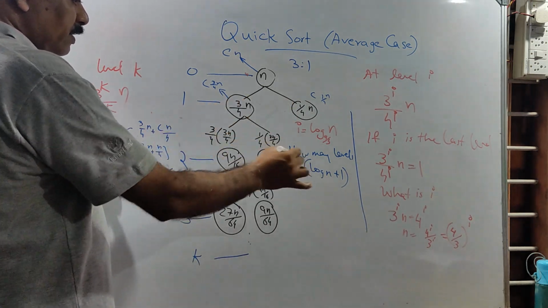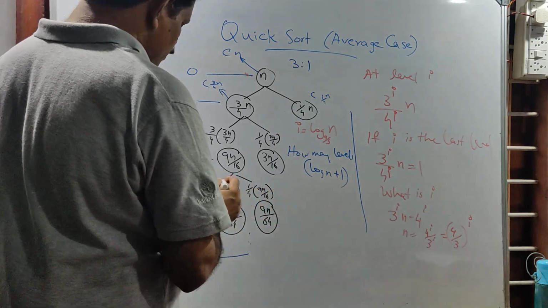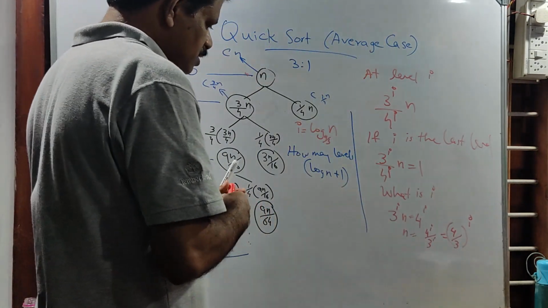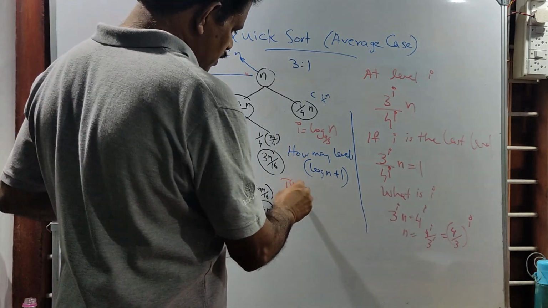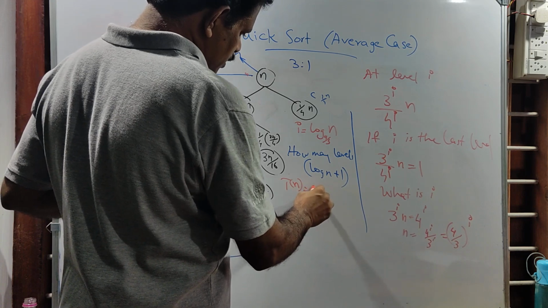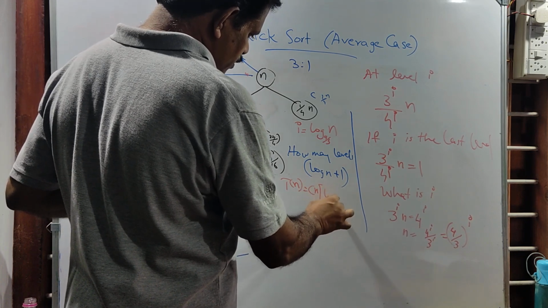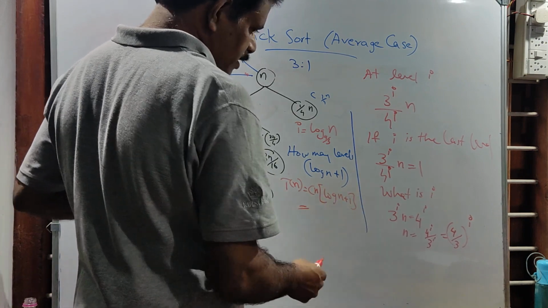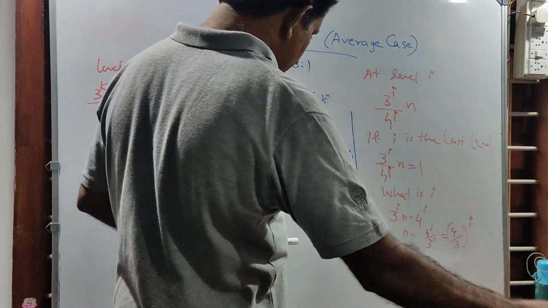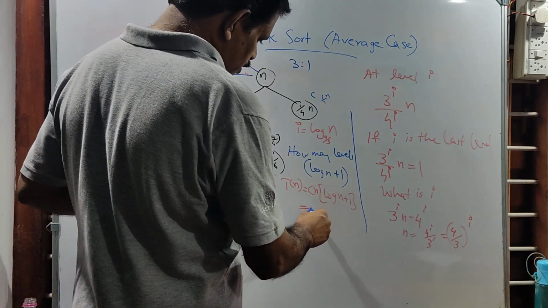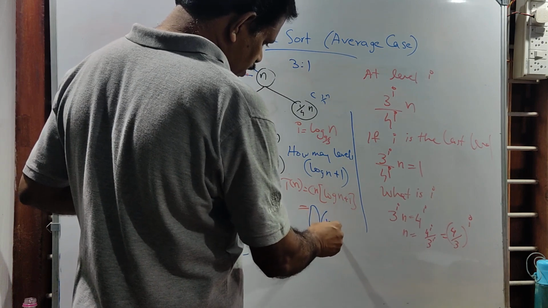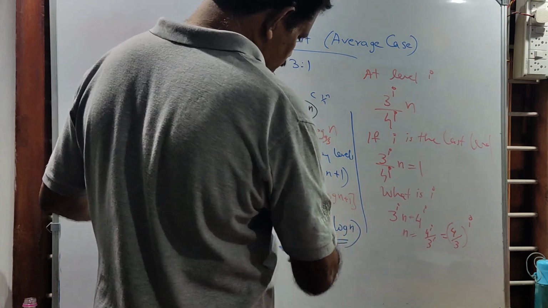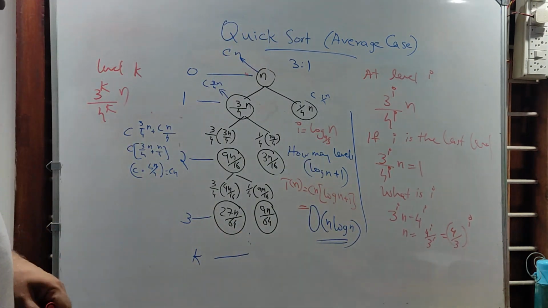So the cost at every level is Cn. So what is the total cost? Total cost T of n equals Cn into log n plus 1. I can write it as big O of n log n. This is the complexity of the average case.